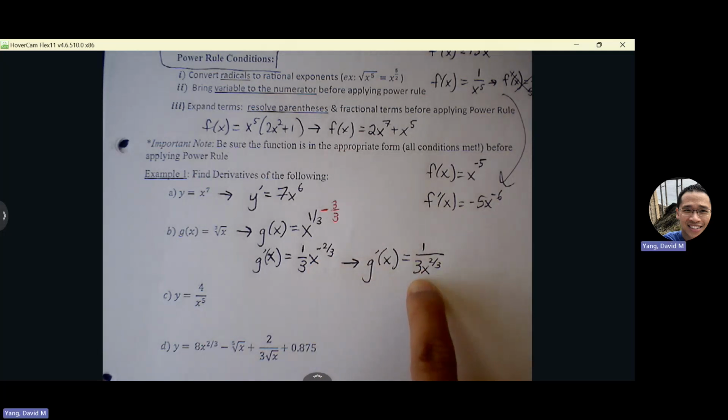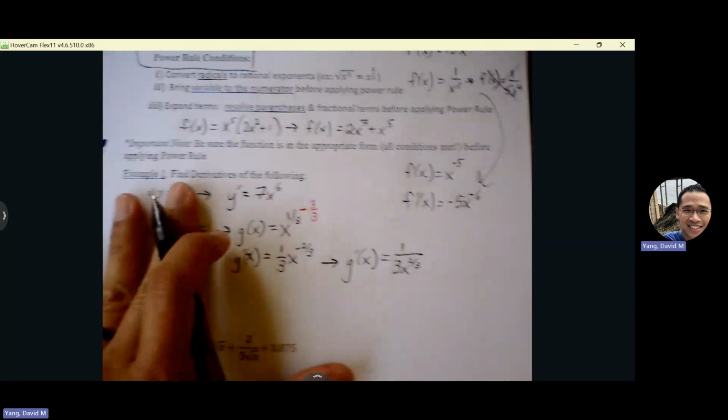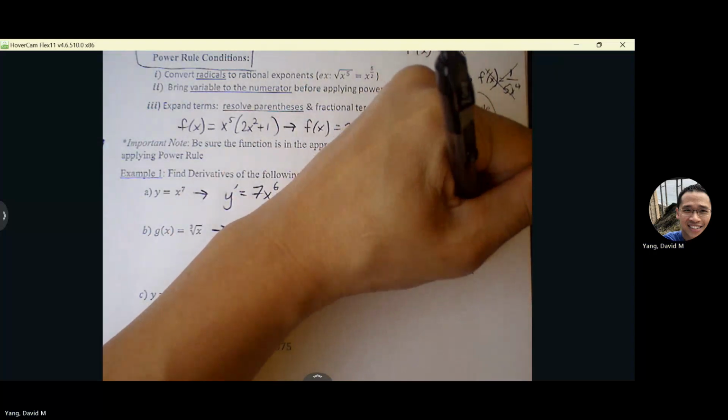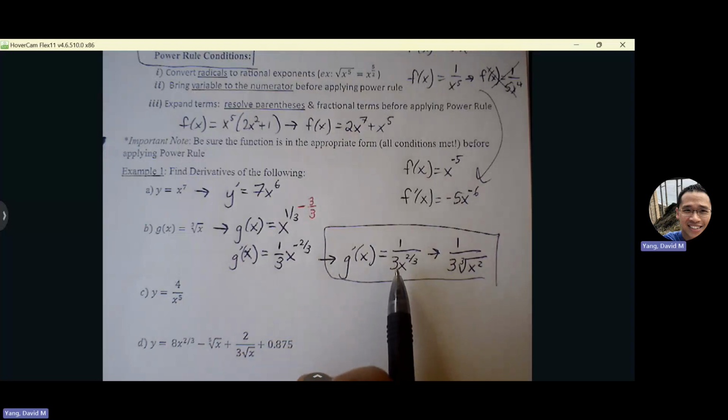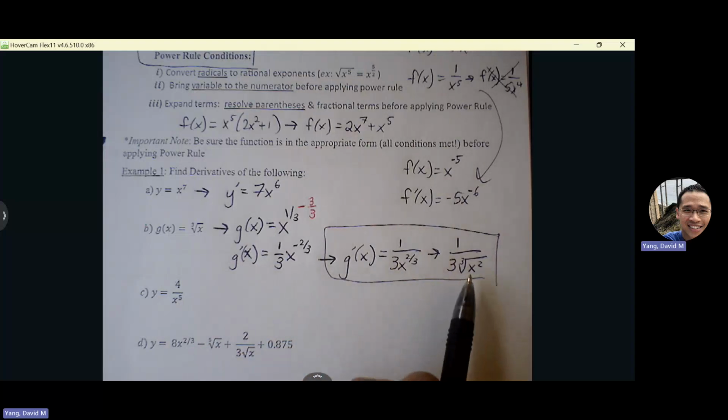This is fine. Some students ask, oh, can I put it into radical form? You can. If you want to put it in radical form, you'll make it 1/3 and then the cube root of x squared. But I'm not going to be picky. I just want the negative exponent to be resolved. So you can leave it in this form, you can leave it in this radical form, you can even rationalize it.